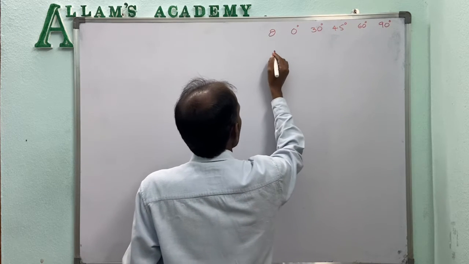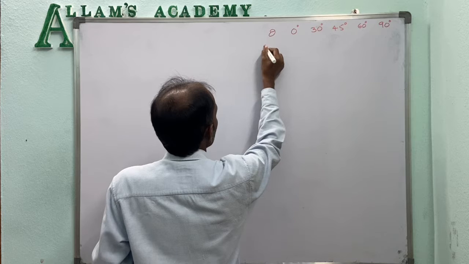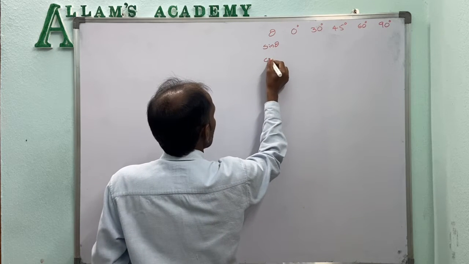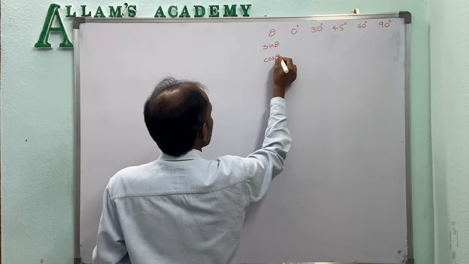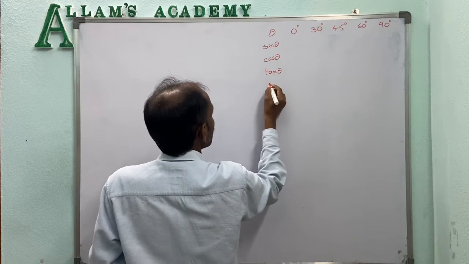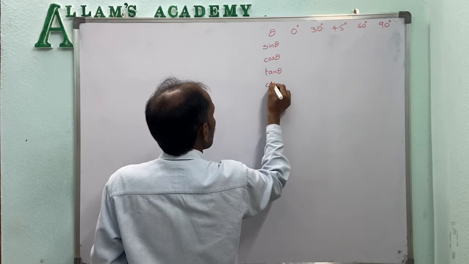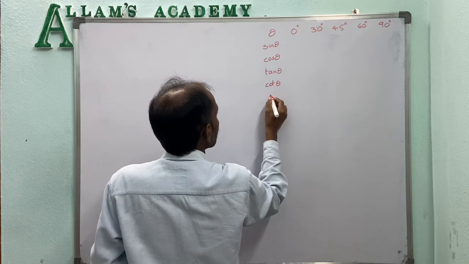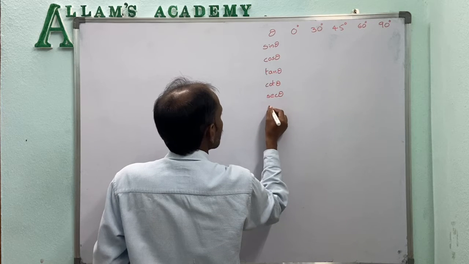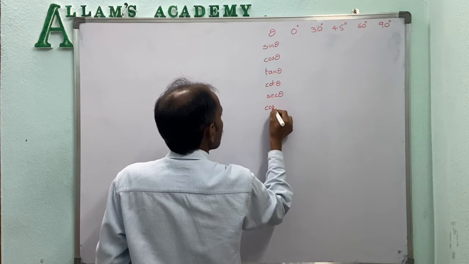Now the trigonometric ratios: sin theta, cos theta, tan theta, cot theta, sec theta, cosec theta.